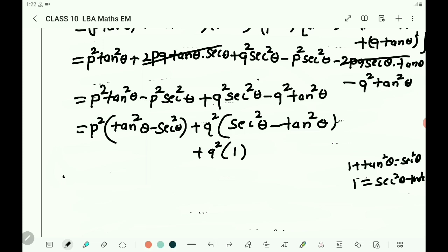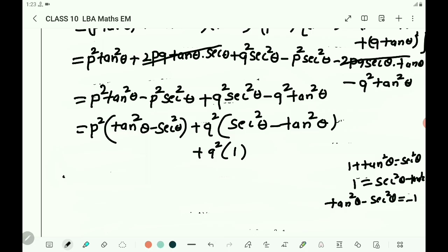Then tan square theta minus secant square theta is equals to 1 transferred, that becomes minus 1.